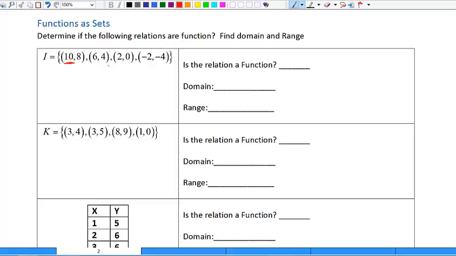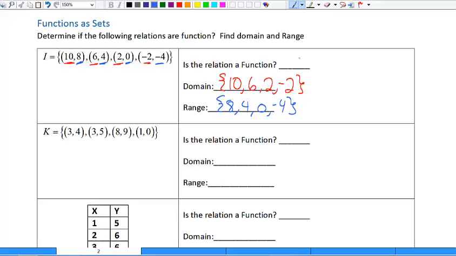My domain is just the set of all x values. Because this is just some discrete values, I'm going to use the set notation, those little braces. You can use squigglies if it's hard for you to draw these braces. The range is just the y values: 8, 4, 0, and -4.